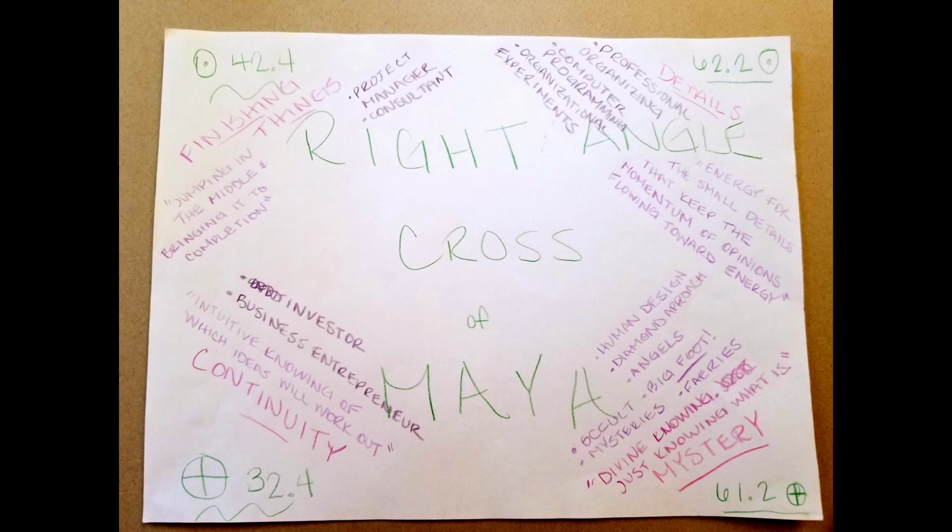The fourth gate that appears in my incarnation cross is the gate of 32 in my unconscious earth. And it explains why I'm interested in things like becoming an investor, investing in other people, being a business entrepreneur. It's called the gate of continuity. And that gate is described as the intuitive knowing of which ideas will work out.